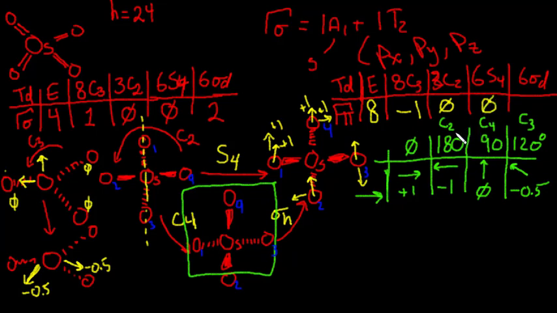And lastly, if we do a sigma d, let's consider this drawing right here. Now, two of those oxygens are actually going to be moving, and therefore we don't have to consider those.